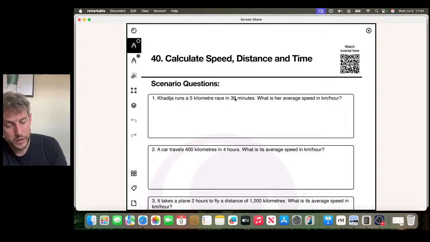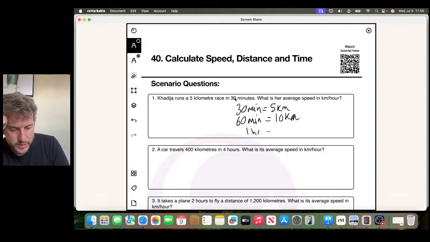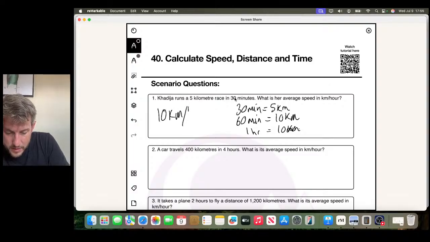So 30 minutes equals 5 km. Twice that gives us 60 minutes, which is an hour, which should be 10 km. So in 1 hour she does 10 km, so her speed is 10 kilometers per hour.